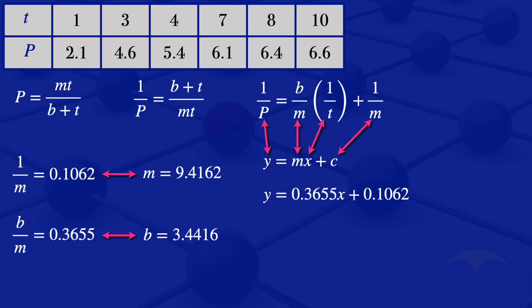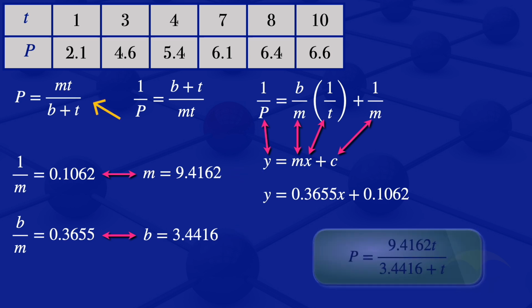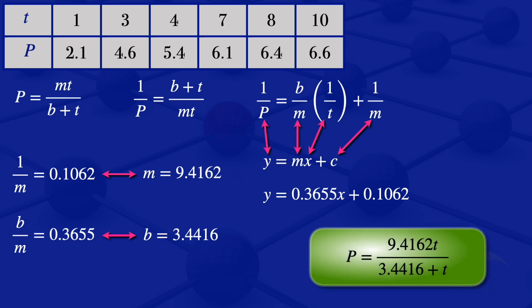I can substitute these values of m and b into the equation, so that p equals 9.4162 multiplied by t divided by 3.4416 plus t. We can use this equation to predict future values of p for any given value of t.